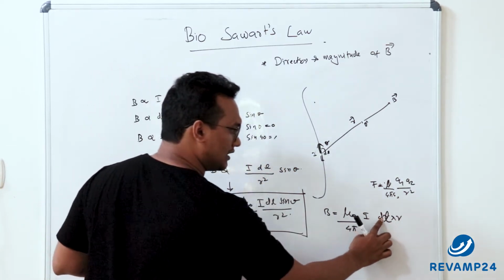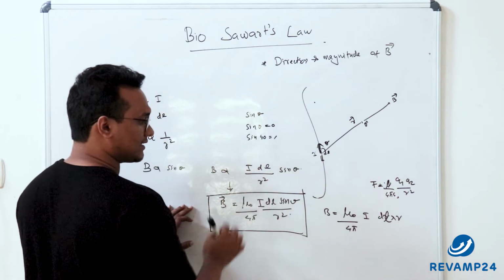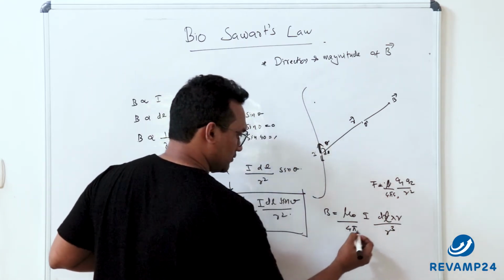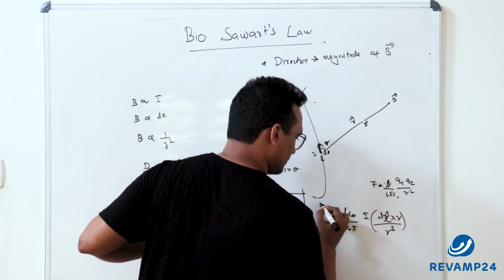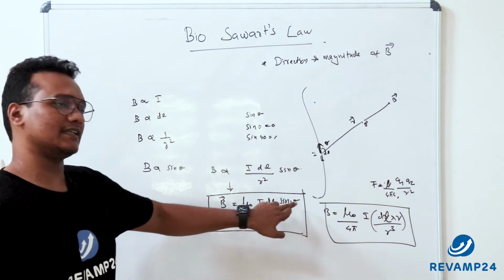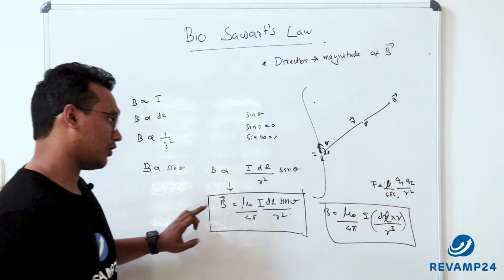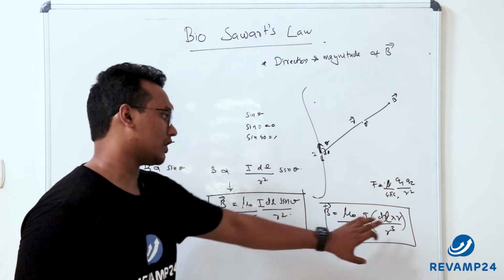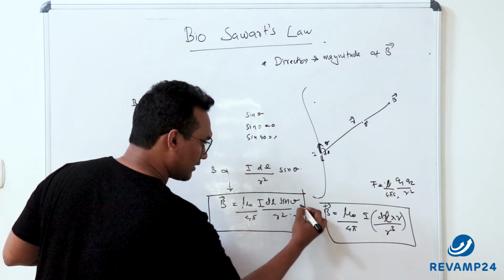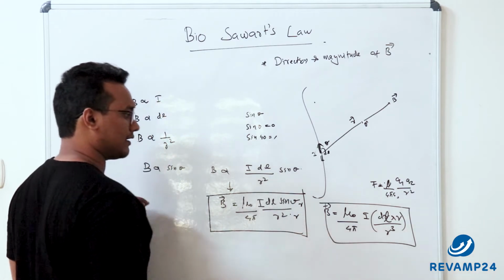So this will become dl r sin theta. One r is additional here, so I will keep it in the denominator: r cube. So this is the value of magnetic field, mu0 I dl sin theta, but this is in vector form. dB has to be a vector, so here also I should bring a vector. I will multiply with r in the numerator and r in the denominator.